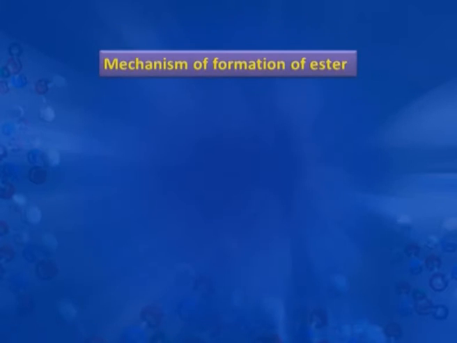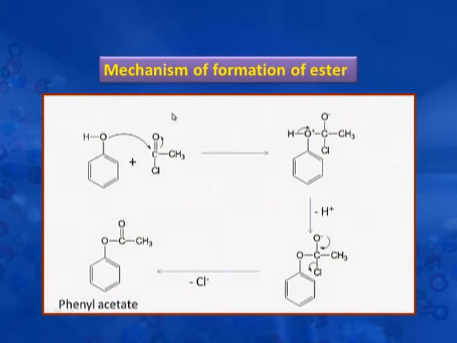Now, the mechanism of formation of ester starting from phenol involves the attack of the lone pair of electrons present on the oxygen of phenol on the carbonyl carbon of the acid chloride, and formation of this protonated product, from which the proton is released and the chloride ion also goes off, and there is formation of phenyl acetate.